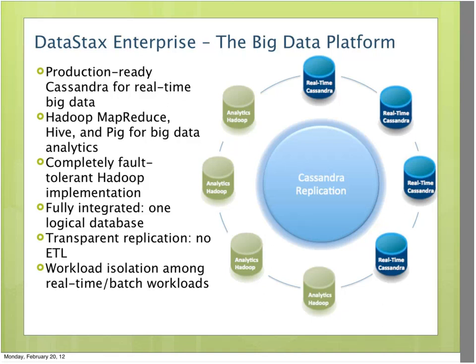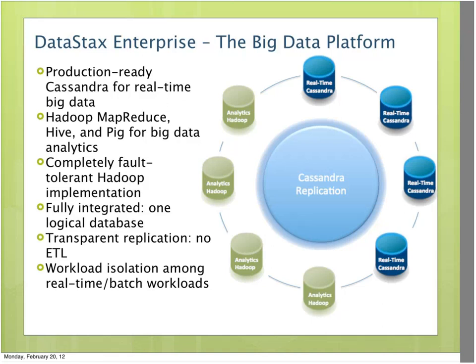And so what that looks like is this diagram here, representing that with blue machines for the Cassandra side and green ones for the Hadoop side. The reason we have separate machines for each of those is that the real-time or OLTP workload, if you will, is fundamentally different from a batch-oriented analytical workload.